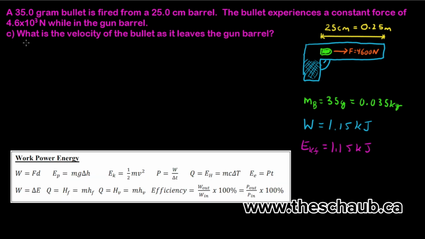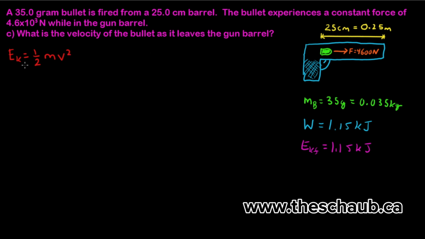In part C, we're asked to find the velocity of the bullet as it leaves the gun barrel. Because we just found the kinetic energy of the bullet right before leaving the gun barrel, we can use this to find the velocity of our bullet. So the kinetic energy is equal to 1/2 multiplied by the mass of the bullet multiplied by the velocity squared of the bullet.